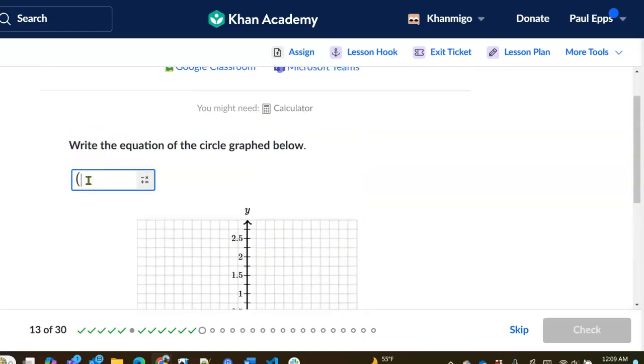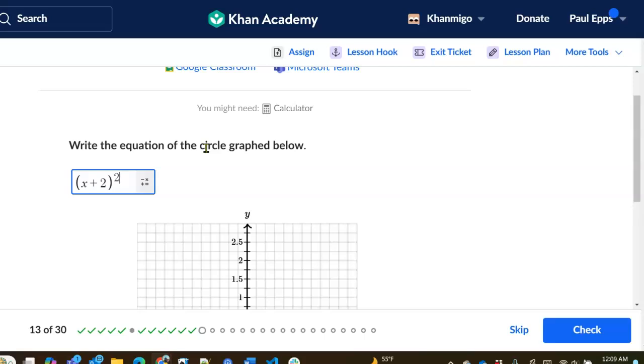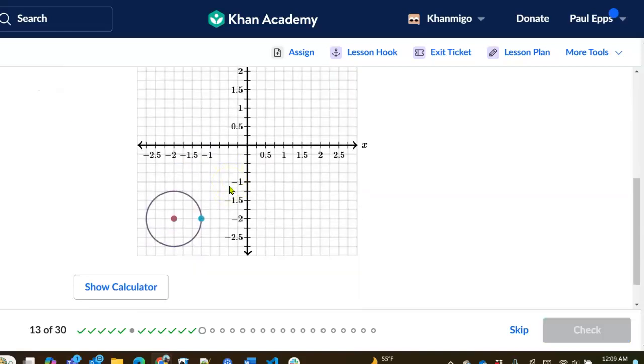Okay, so we've got x minus -2 squared plus y minus -2 squared equals the radius squared. What is the radius?